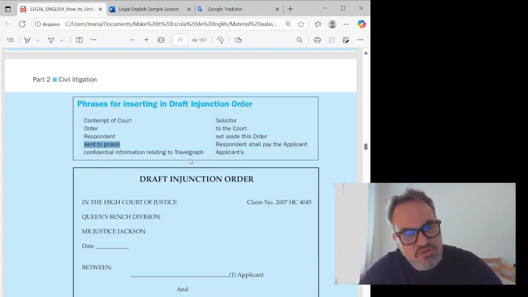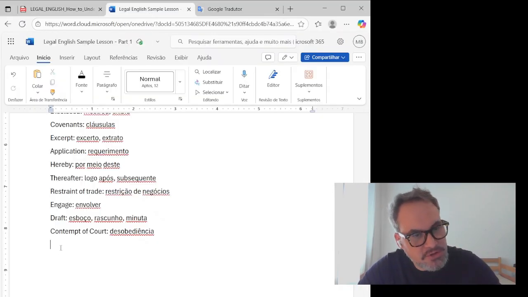Confidential information relating to Travel Graph. Solicitor. A solicitor is a lawyer, okay? It's a specific kind of lawyer in England. To the court. Oh, let's write it down. Solicitor here.